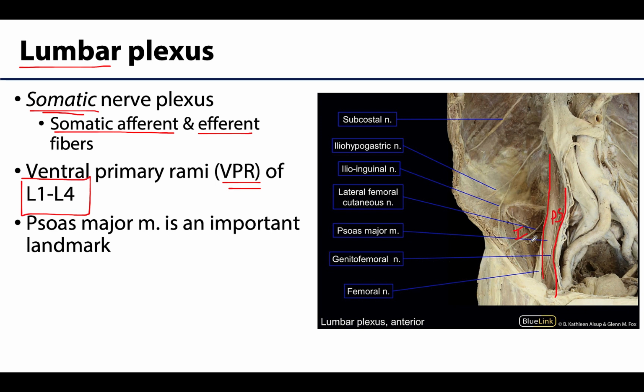And so these muscles are often referred to together as the iliopsoas muscle, and that's going to be an important and powerful flexor of the hip joint. But for today, we're going to focus on the psoas major muscle and its role as an important landmark for differentiating the branches of the lumbar plexus in the abdomen.